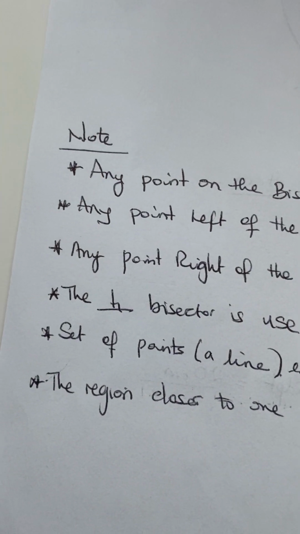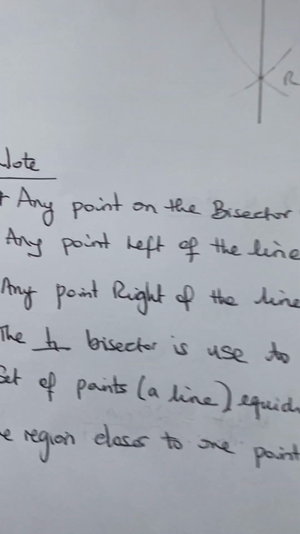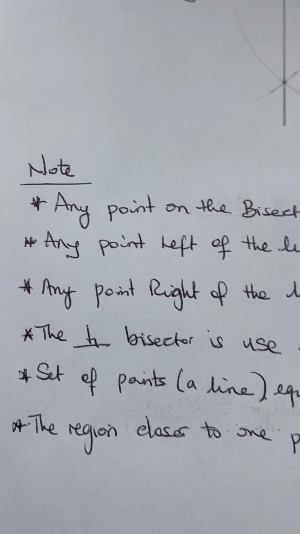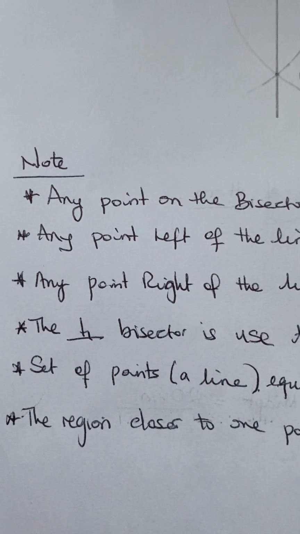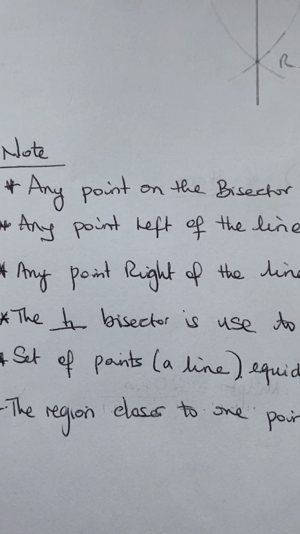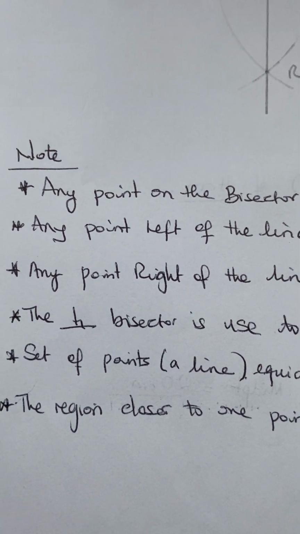Now let's note some points. I always stress the introduction, because if you can remember the introduction, everything builds on there, and you can apply that to solve future work.